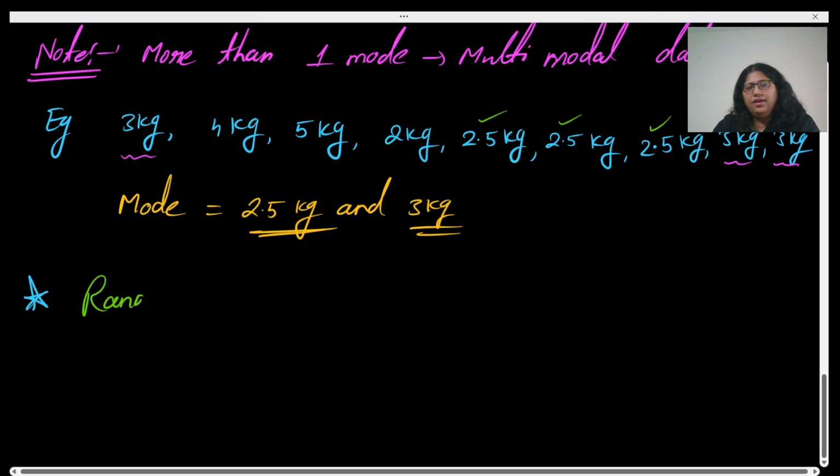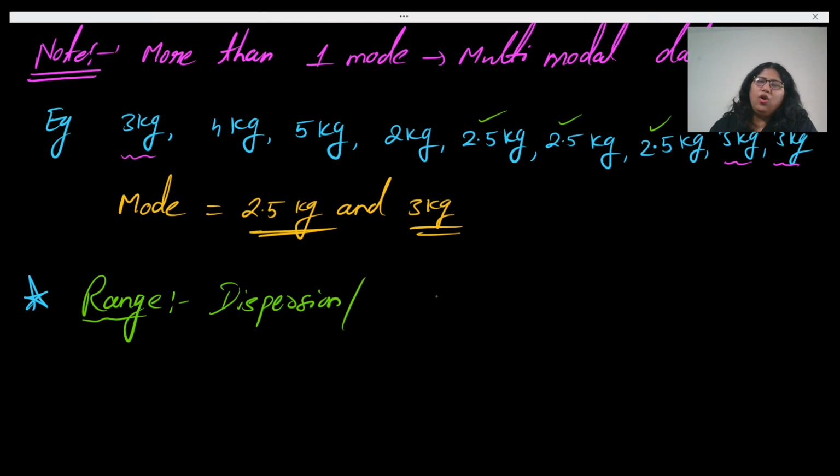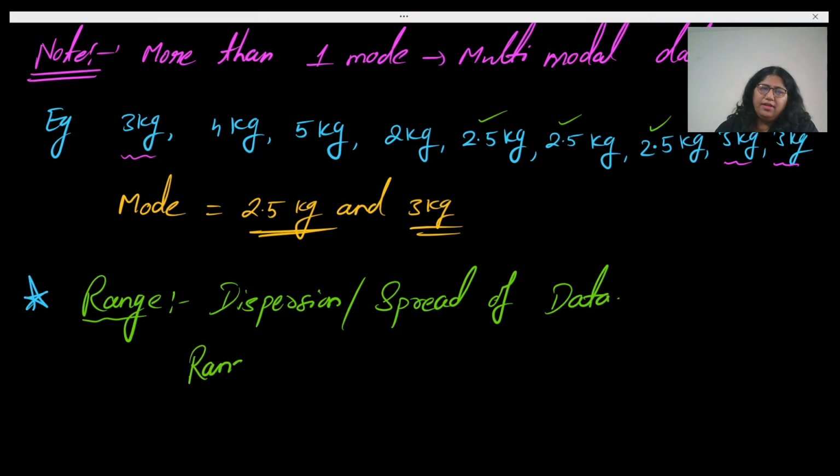So range is nothing but the dispersion or spread of data. Whenever we calculate the range, it is always the highest value among the data minus the lowest value.